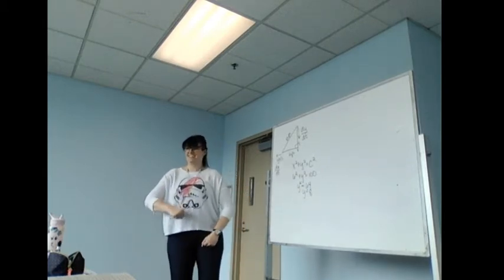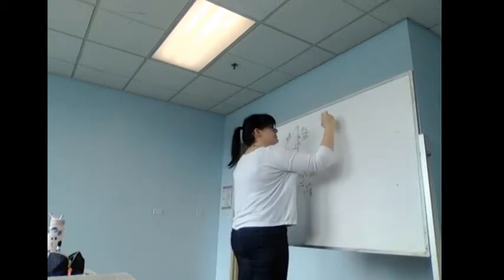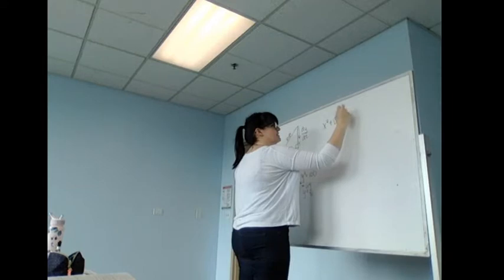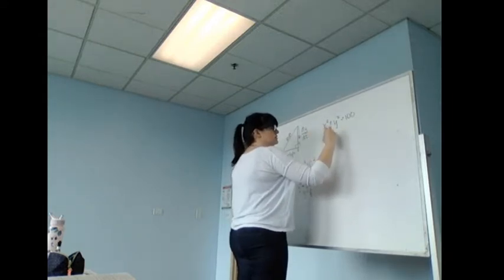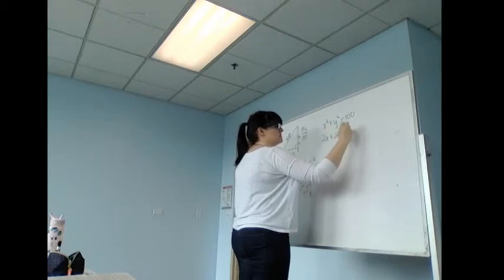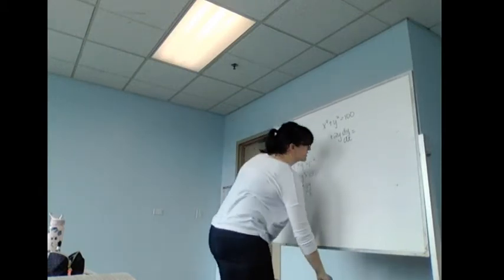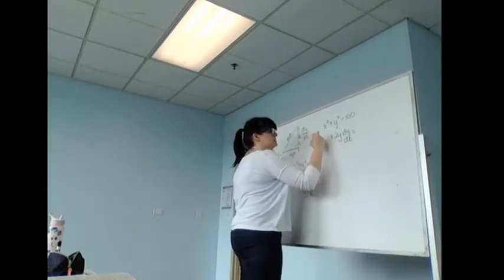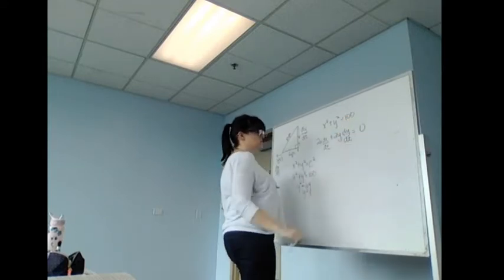Let's differentiate. Okay, so you have x squared plus y squared equals 100. So 2x plus 2y times dy/dt equals, oh, with both respect to time, so we need to use the chain rule right there. 2x dx/dt equals 0.